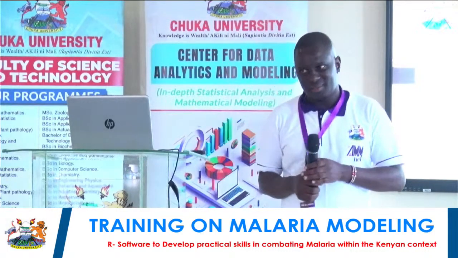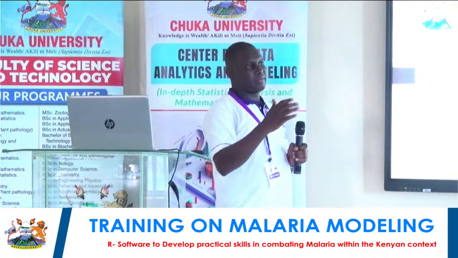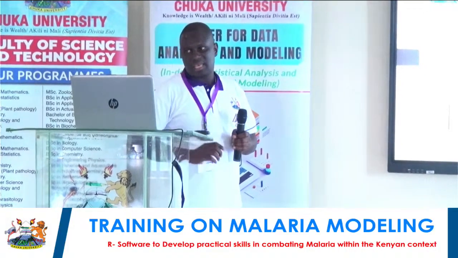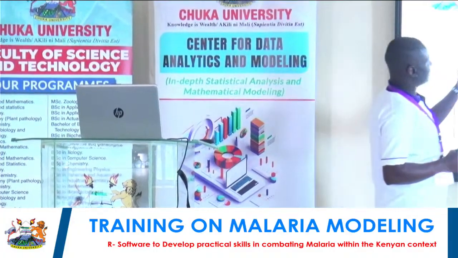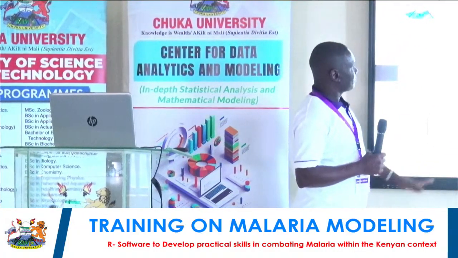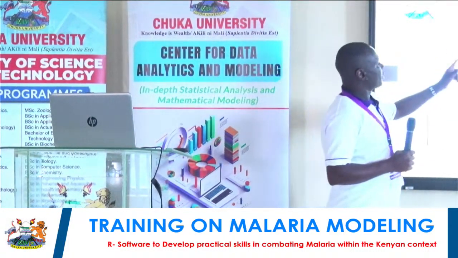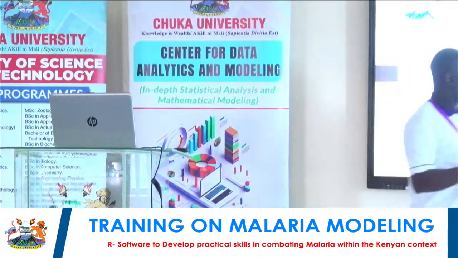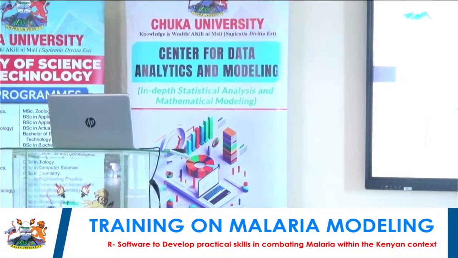Okay? So in machine learning, we have three major types: supervised learning, unsupervised learning, and reinforcement learning. The difference is that supervised learning models are trained with reported data, that is, data with inputs and outputs.